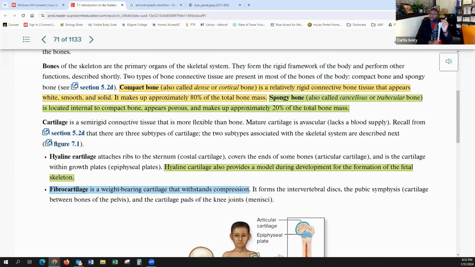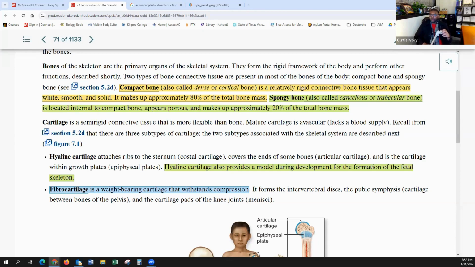So as it rubs and moves, it creates an essentially frictionless surface, so that it allows it to glide and to move. If you imagine having two bones put together, these are very rough materials, and it would hurt if you had these rubbing up against bone. So we need hyaline cartilage to allow for smooth movements and movements that don't hurt us.